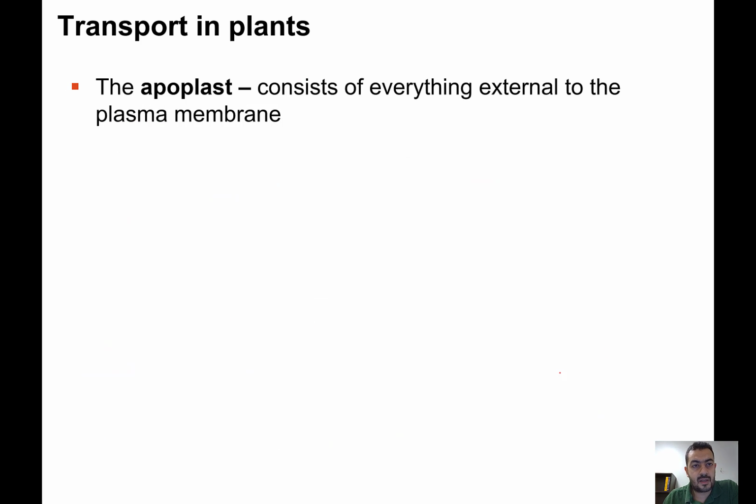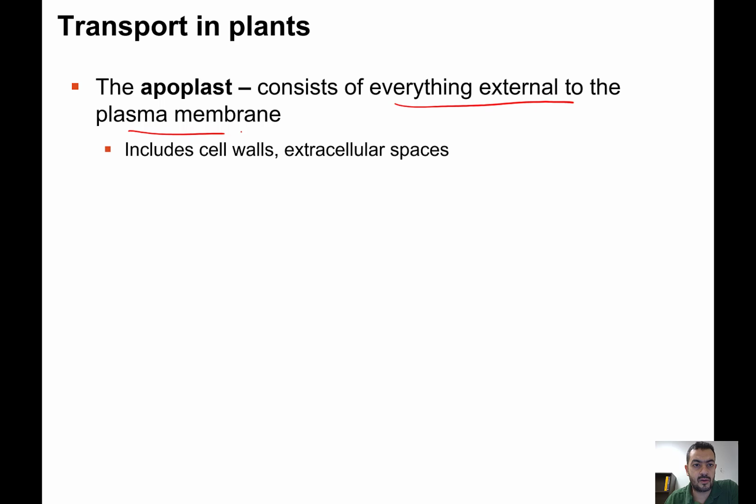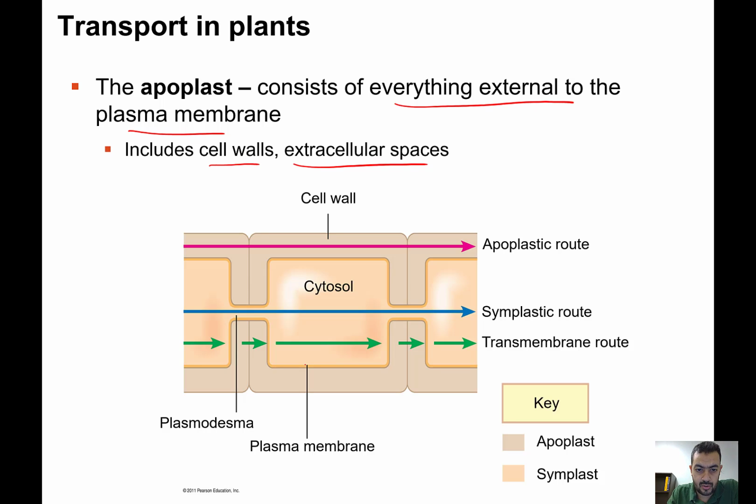However, this transport can also happen through the apoplastic pathway, and the word apoplast means everything external to the plasma membrane, and this includes the cell walls and the extracellular spaces. So shown here in orange, this is the plasma membrane.